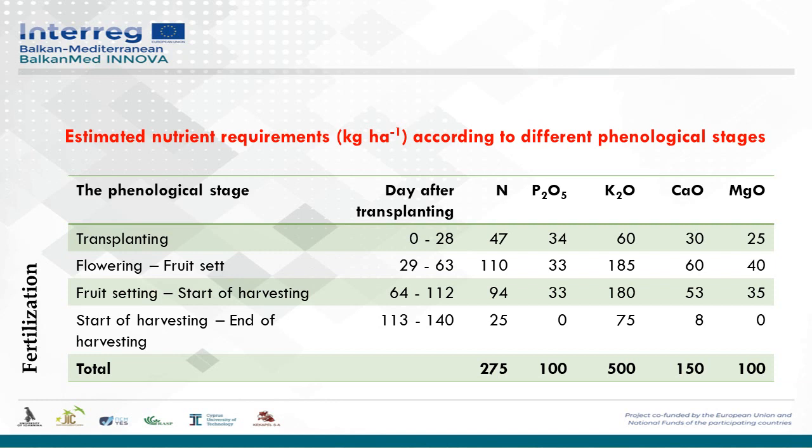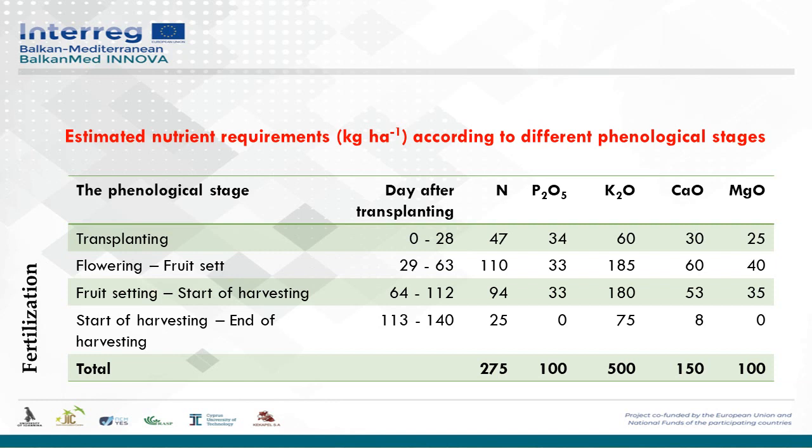But you can see that there is almost no change regarding the phosphorus, and it's a small increase, much smaller increase regarding calcium. However, to the end, to have a good yield for a tomato crop, we need to provide about 275 kilograms of nitrogen per hectare and about 500 kilograms of potassium per hectare.